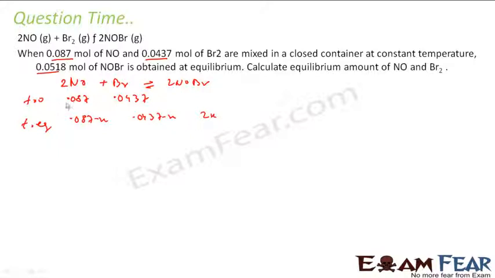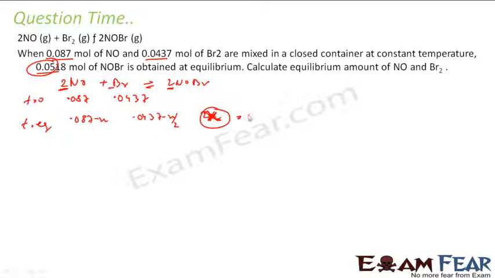Sorry, this is 2NO. So 2NO gives 2NOBr, so x and x, and it is Br2, so it is x by 2, right? Because we have coefficient 2 here, we have 1 here, we have 2 here. So if x moles of NO is used, x by 2 moles of Br2 is used, and x moles of NOBr is formed.